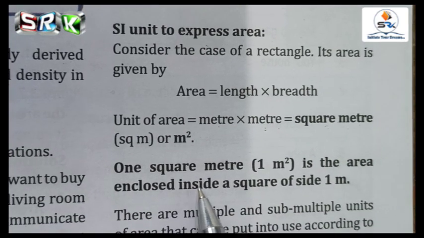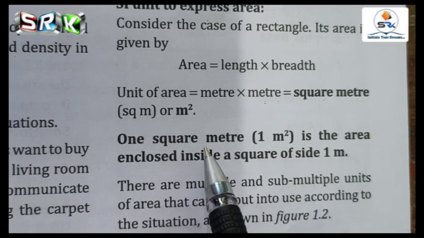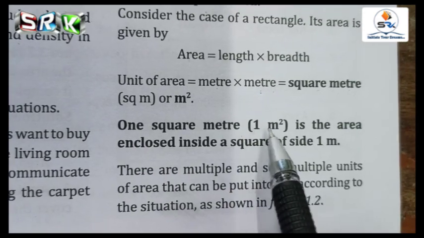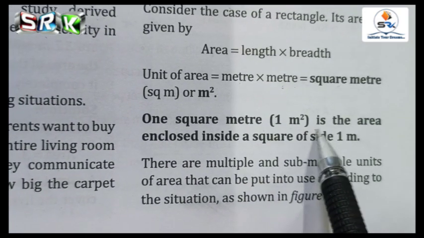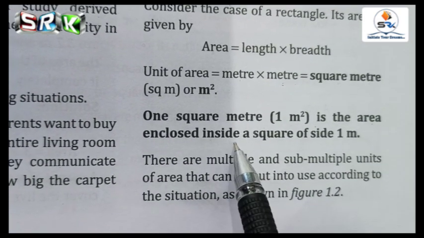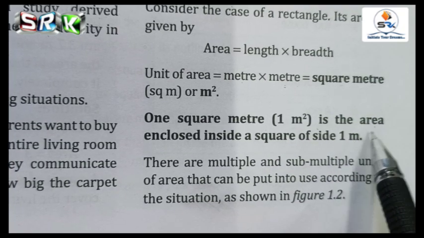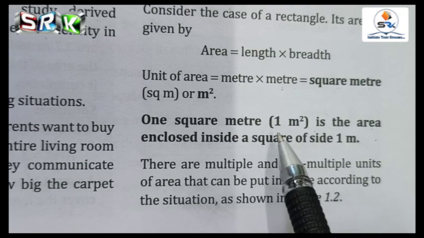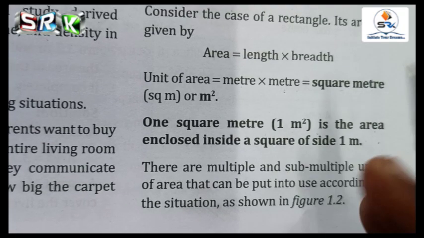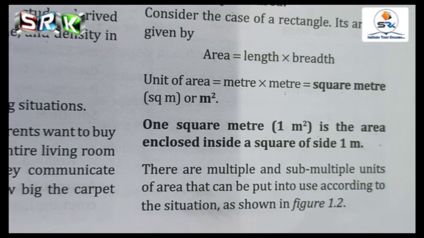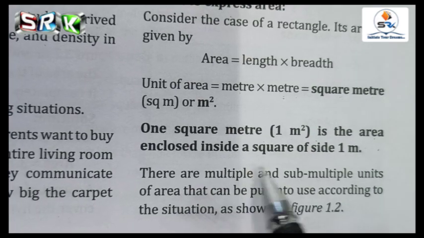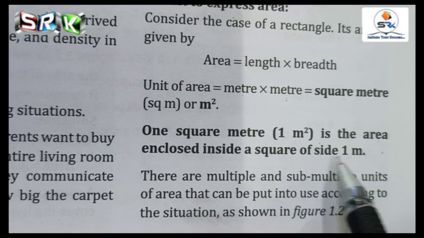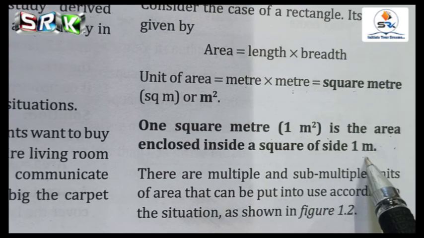And next you are going to see what is meant by 1 square meter. 1 meter square is the area enclosed inside a square of side 1 meter. Can you understand this? 1 square meter means it is the area totally covered on the surface of a square that has a side of 1 meter.